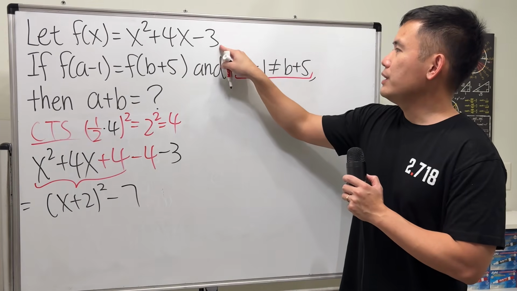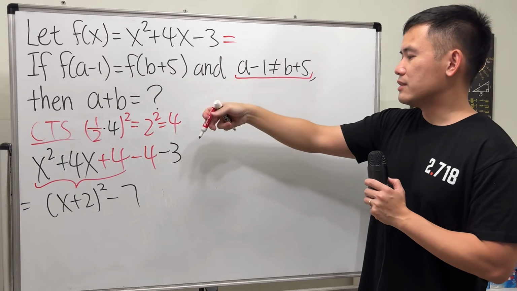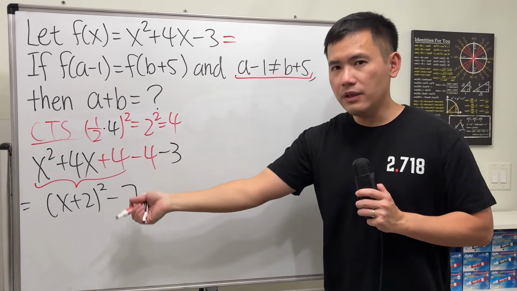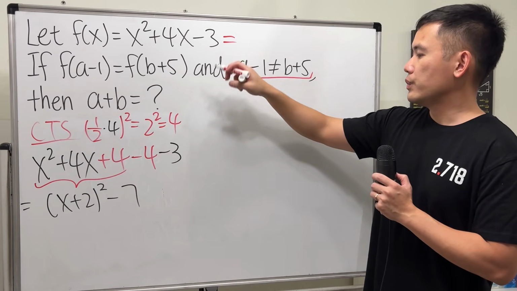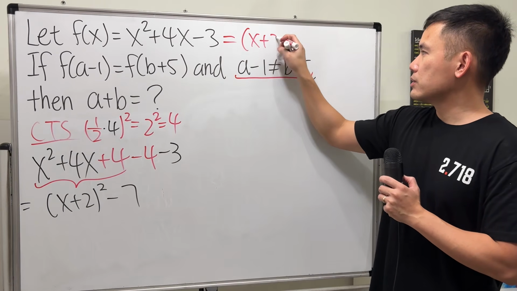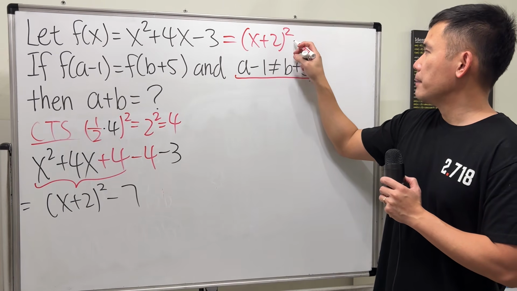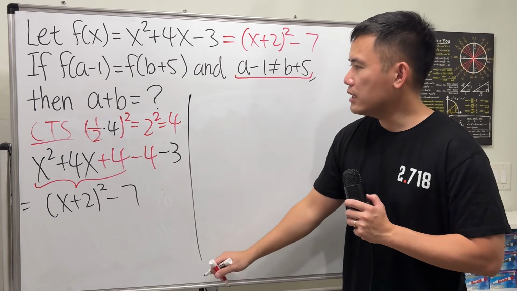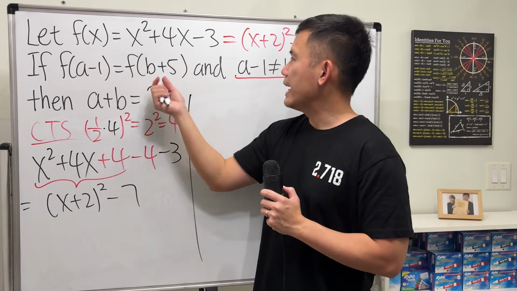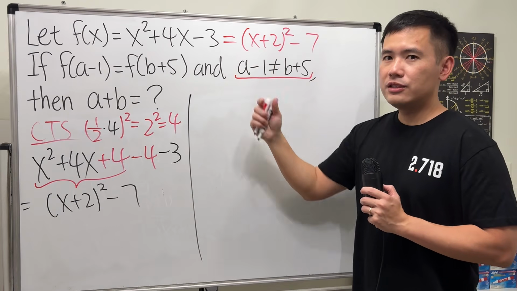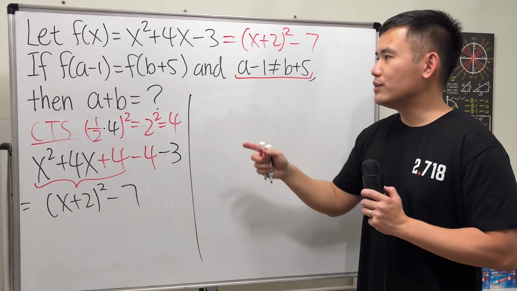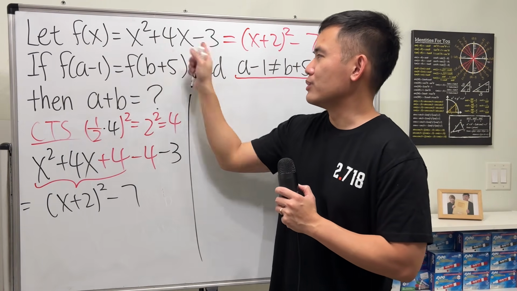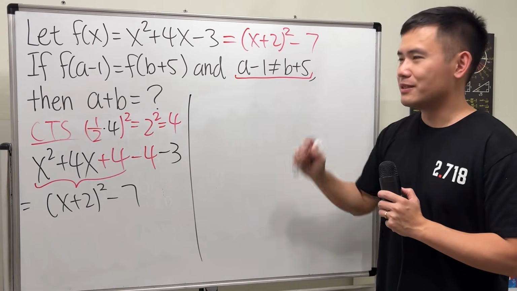Now, look at the function, and this is really just the same as the vertex form of the parabola. We get x plus 2 squared minus 7. Now we're in business because we can go ahead, plugging this and that into this x. It's much easier this way, even though it is actually still possible to do so, but let's not do that. This is much better.